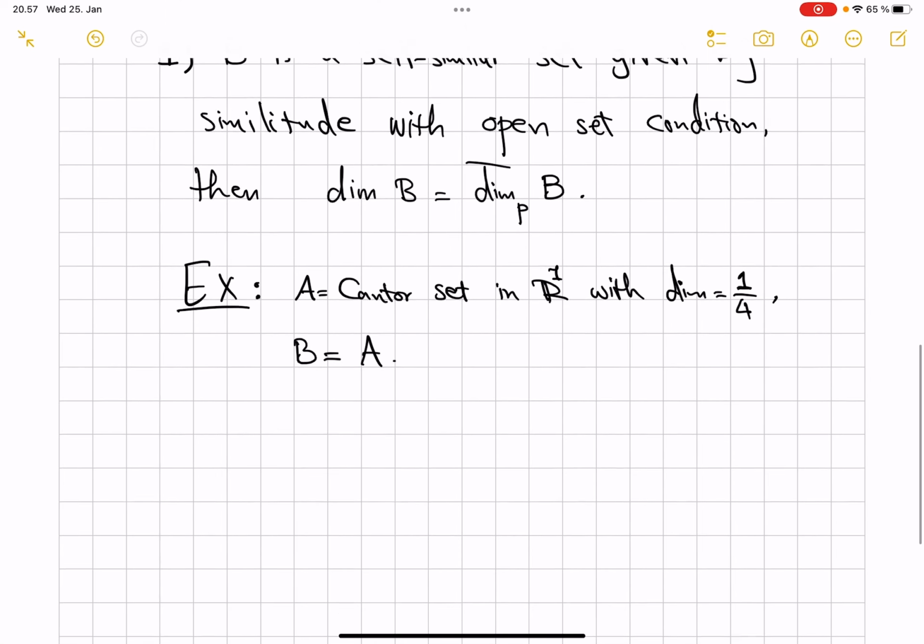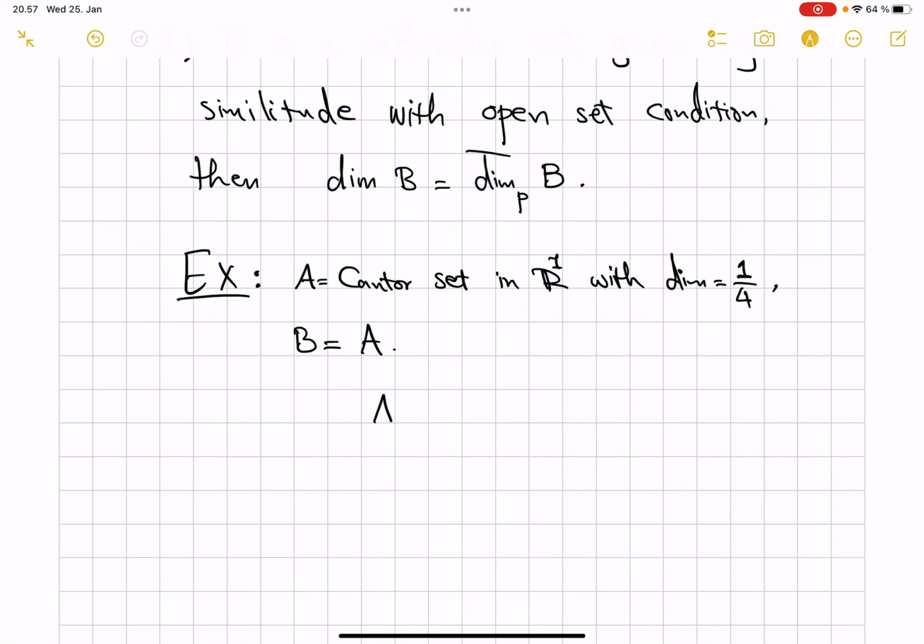We had previously seen that its product, A cross B, is actually a Cantor set in R2 with Hausdorff dimension equal to 1. Sorry, 1/4 was the ratio removed, but the resulting dimension would be 1/2.